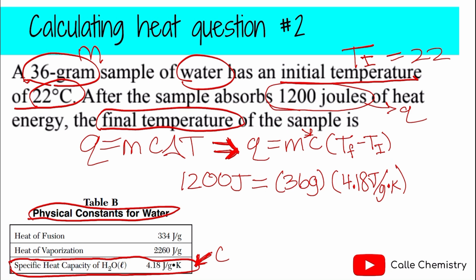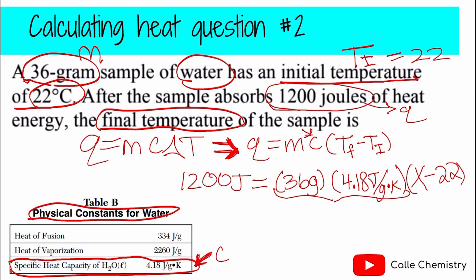All right. Let's see what else we have to do. And then this is the final temperature minus initial. We don't have the final temperature, so we're going to leave an x there, and we're going to put the initial, which is 22. Now, we want to clean this up because it's very messy right now. So let's make these two numbers into one.